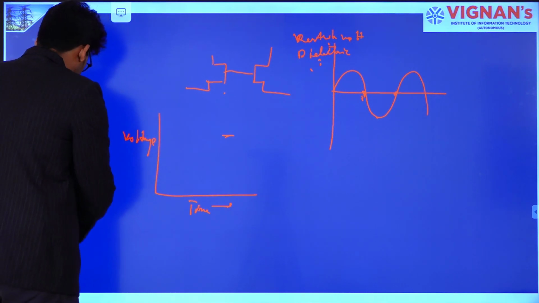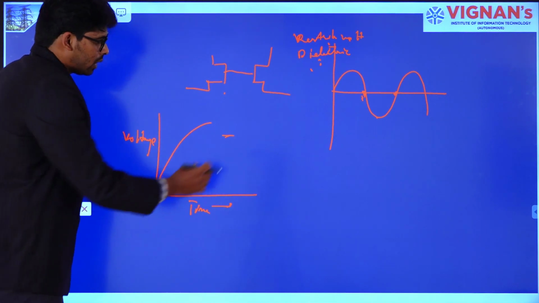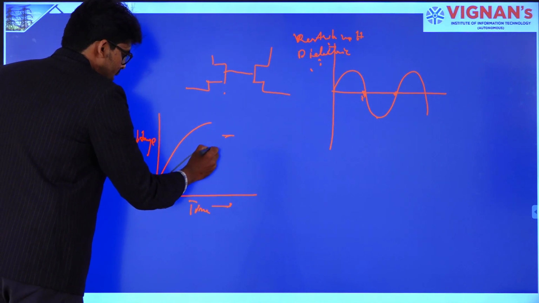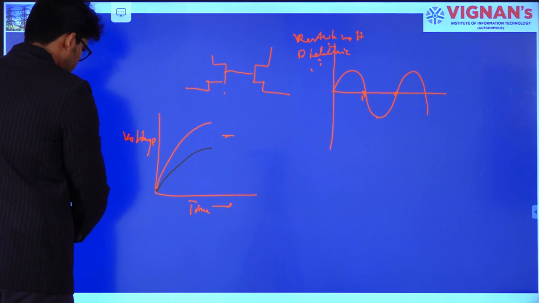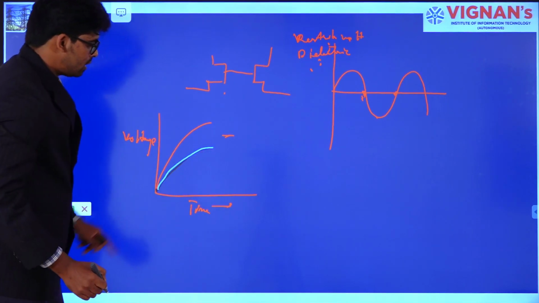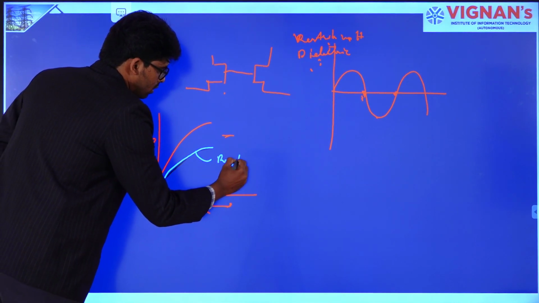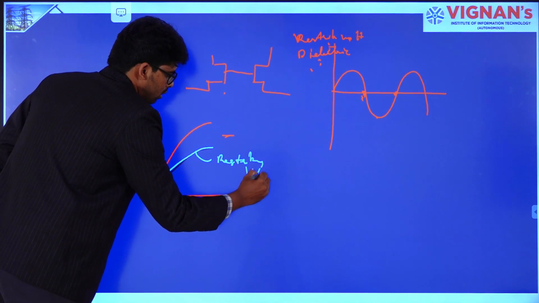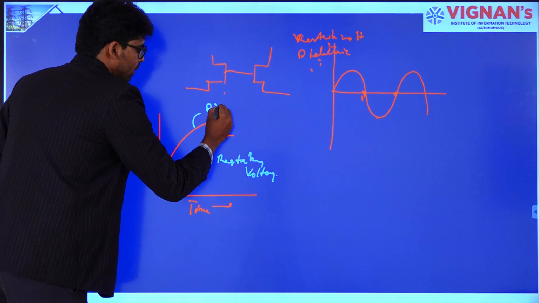Now, this is the dielectric strength of the contact gap, and this is the restriking voltage, and this is the dielectric strength.